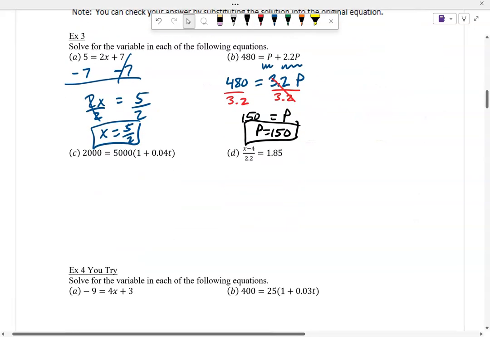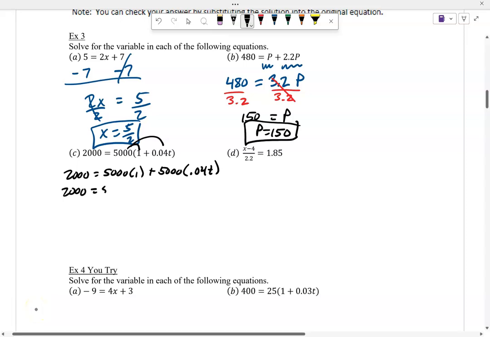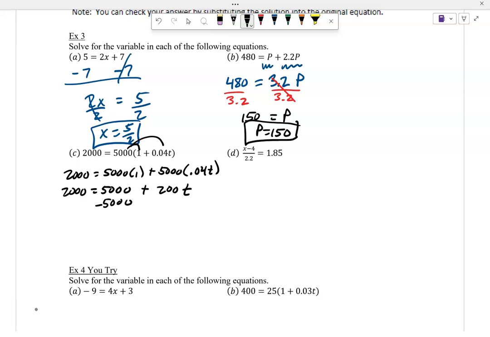All right, let's do this next one. I want to distribute this first. So I got 2,000 equals 5,000 times 1 plus 5,000 times 0.04t. So we got 2,000 equals 5,000 plus 5,000 times 0.04 is 200t. And this is that same scenario. Get rid of the friend first.